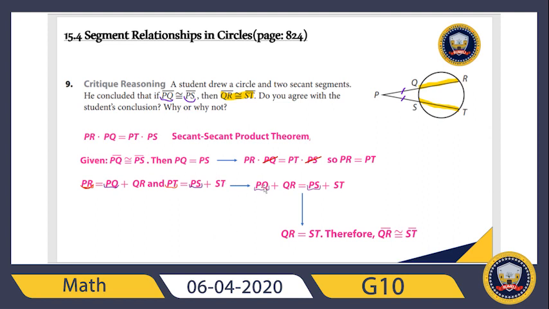Then subtracting these two equations gives you QR equals ST. PQ is cancelled out with PS since they are equal. Two lengths are equal, so these two segments QR and ST are congruent. So we agree with what the student said.